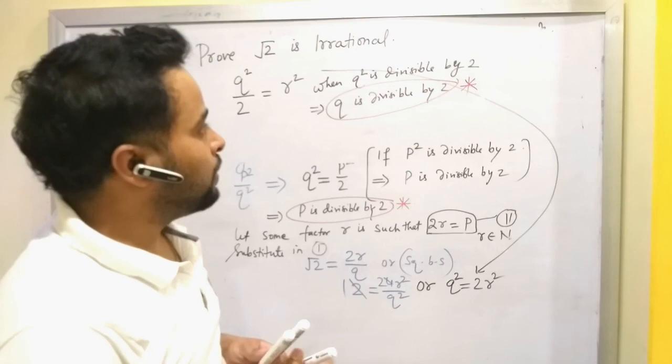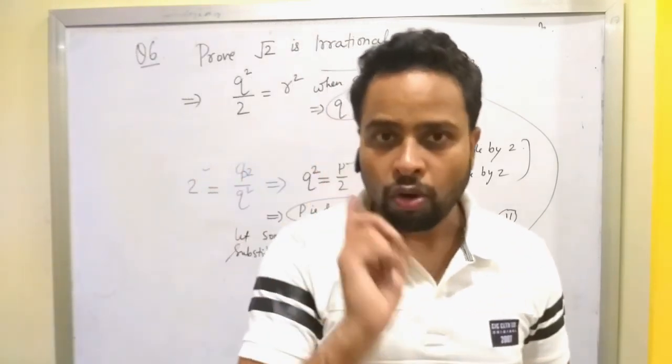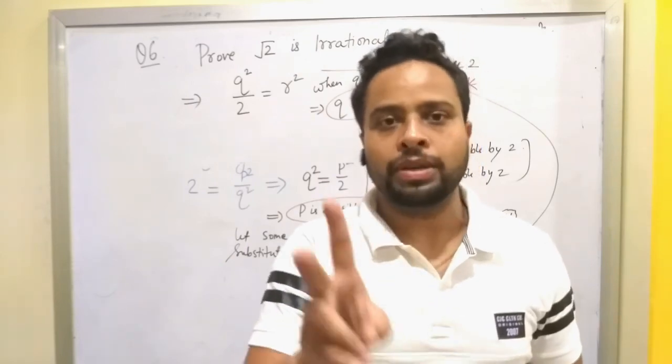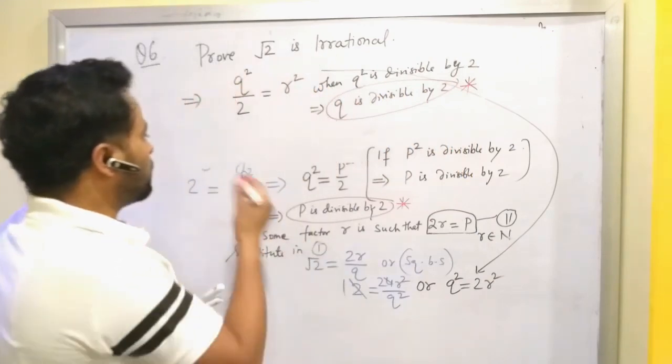And moreover, p and q are prime numbers. Prime numbers cannot have a common factor. Two different prime numbers cannot have a common factor. That is why there is a contradiction.